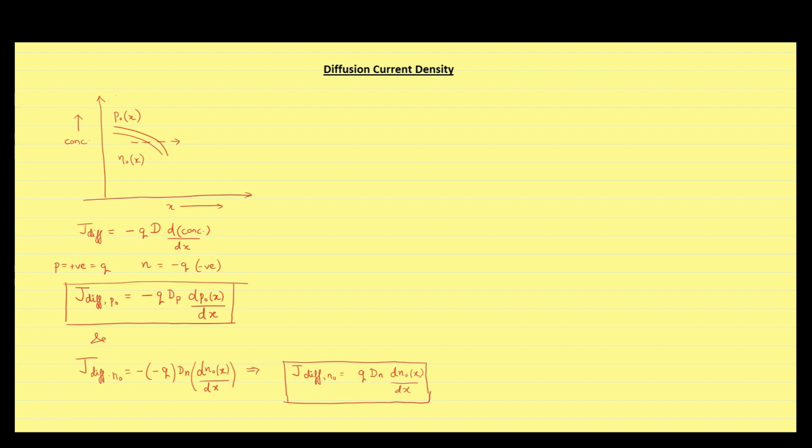When we were talking about the drift current density, we had the formula n multiplied by q multiplied by Vd, where Vd is the drift velocity, and you also know that drift velocity is equal to mobility multiplied by electric field, and we also found the value of mobility to be equal to q multiplied by tau divided by effective mass for conductance calculation.